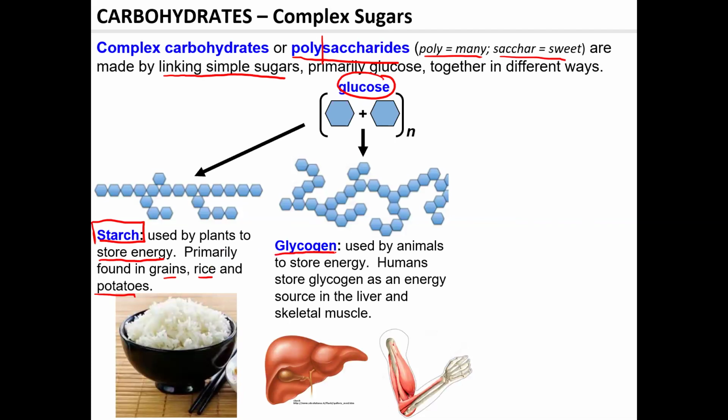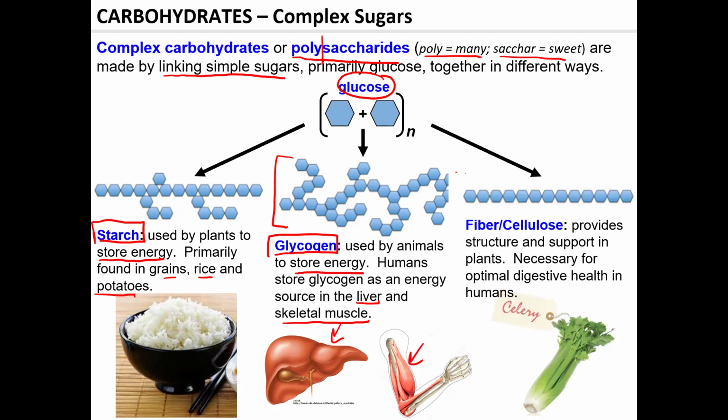Glycogen. If we add a bunch of these glucoses together and put it in this specific orientation, we end up with glycogen. And this is just the way that animals or humans are going to store energy. So our glycogen can be typically found or stored in the liver right here, as well as our skeletal muscles, which are going to be right here.